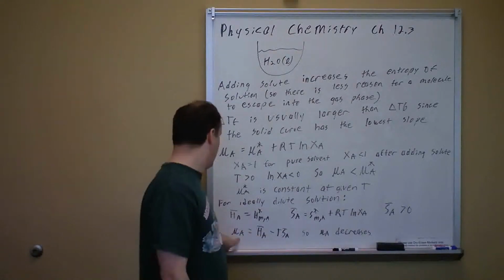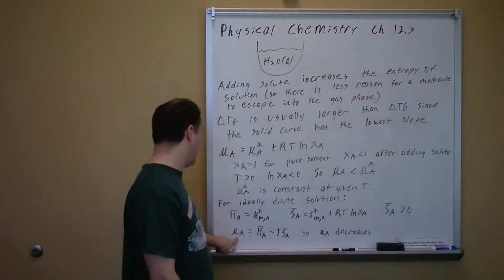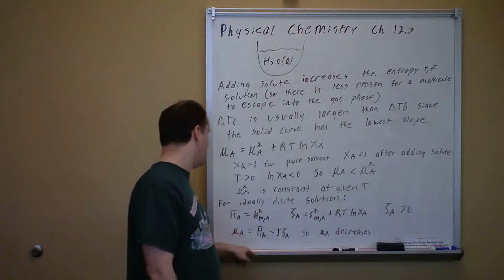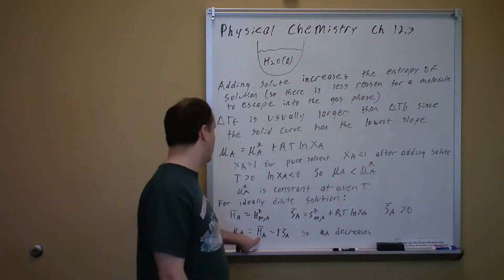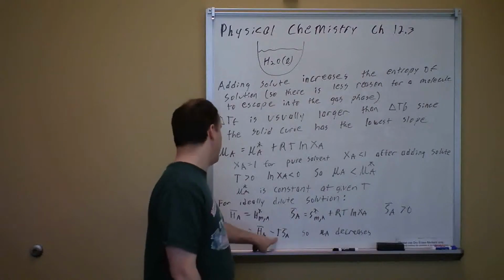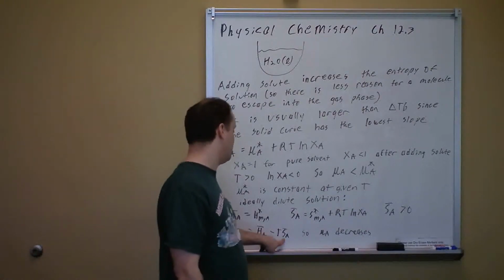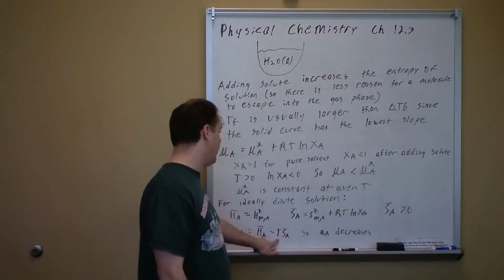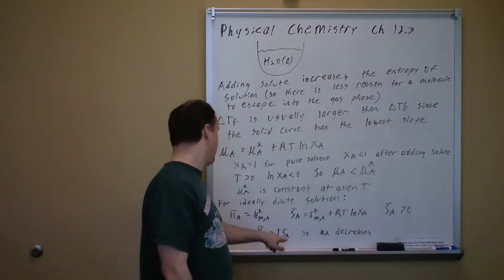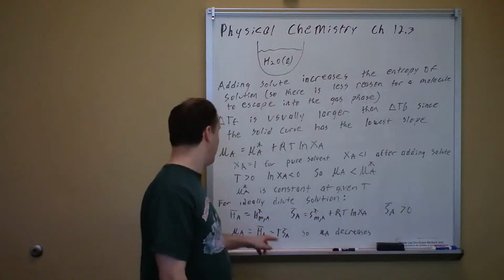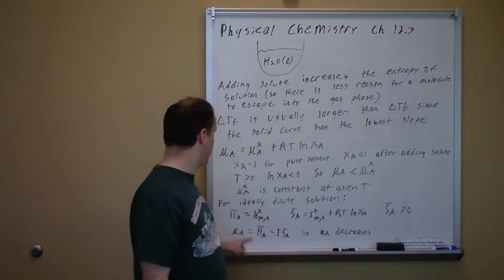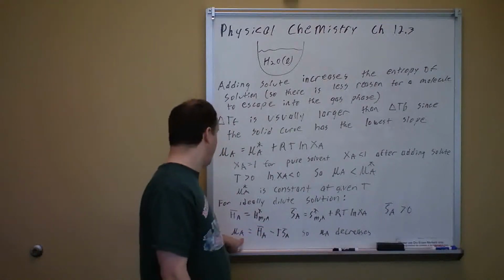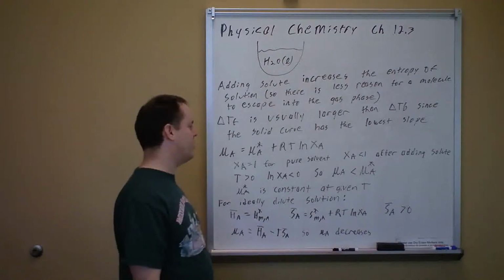So if you find the chemical potential, just use H minus TS, or in this case the partial molar enthalpy of A, minus the temperature times the partial molar entropy of A. Temperature is positive. The entropy is positive. This whole term is positive. So this is going to be negative. So when we add a solute, the chemical potential of our solvent is actually decreased.